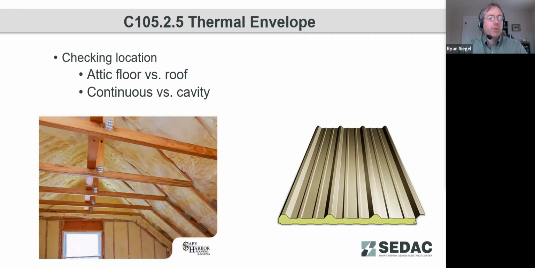So, similar to the walls, for our roofs, checking do we have it in the proper locations. Some designs may call for it to be up against the attic or the roof. Some may call for it on the floor of the attic or above the ceiling.